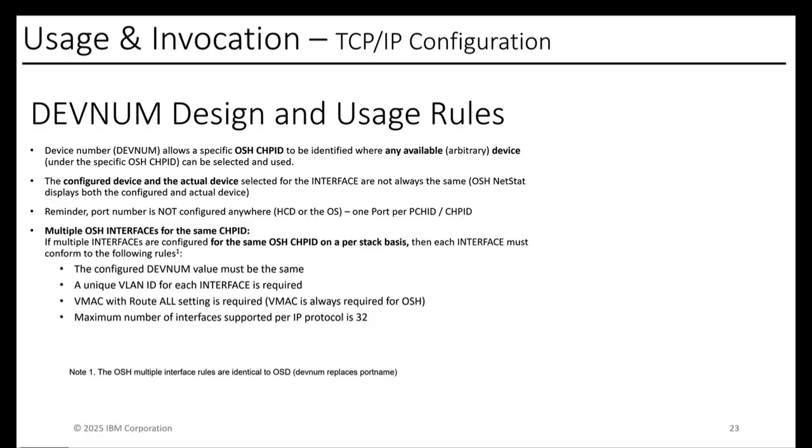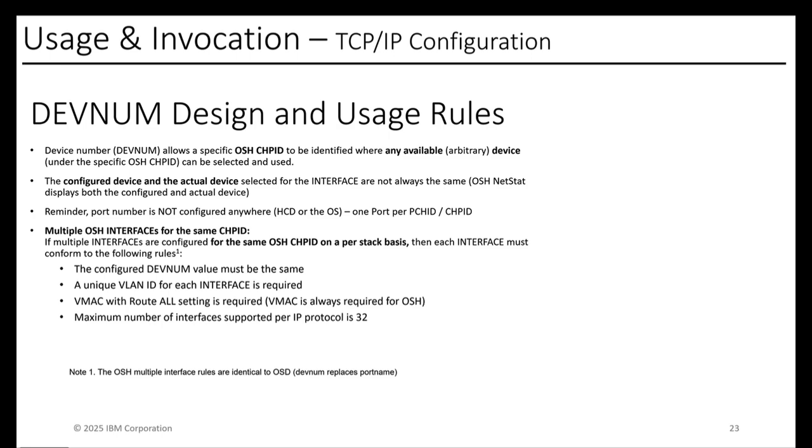The rules of sharing a port for an IPQENet are the same rules that apply to EQENet. But we were at a disadvantage because we don't have port name anymore. We have a dev number. And if you coded different dev numbers, we wouldn't know that you're tied to the same physical port. That was one of our reasons for that.